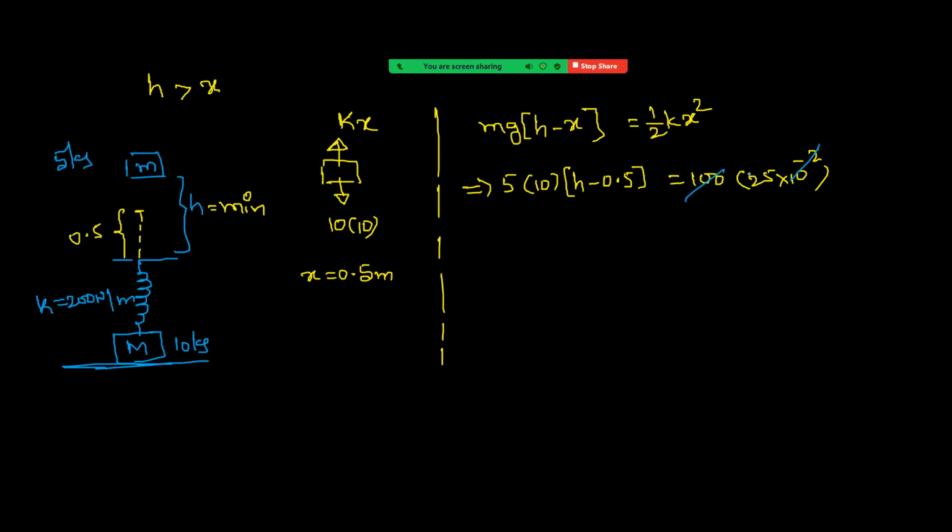Next, 25. 25 here how many times? 5 times 50, 2 times. Okay, 2 times. So 2h minus 1 equals 1. That means 2h equals 2. That implies h value is 1 meter.